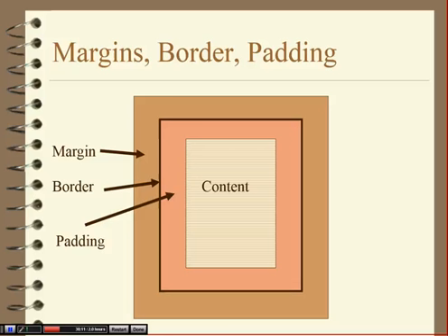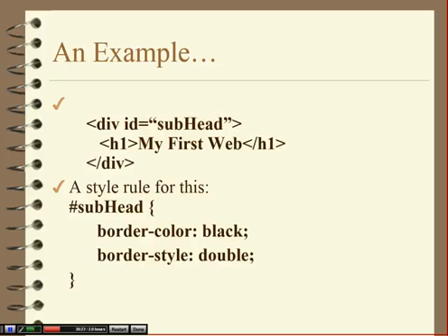Now, margin, border, and padding all have 4 elements. So I can specify separately the top, the bottom, the right, or the left. And so we just hyphenate this. And we'll see this in a second. So here's an example. I have a division element which has an ID of subhead, which is kind of short for subheading.